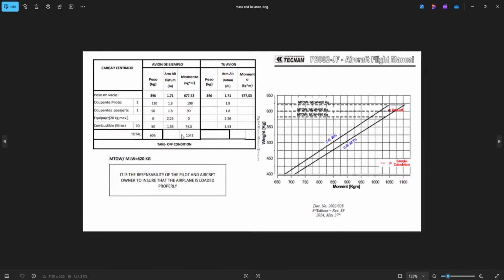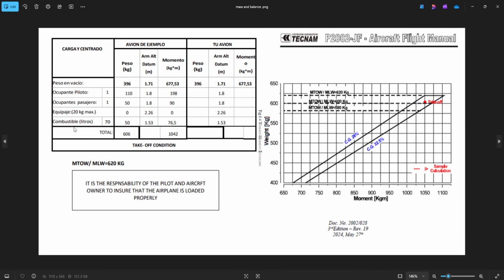You don't calculate fuel. So in order here to calculate the zero fuel mass of this aircraft, you just stop at equipaje, in baggage. You stop right here, okay. Once you stop right here, you can calculate the total weights until here and the total moments until here, and you divide total moments by the total weights.